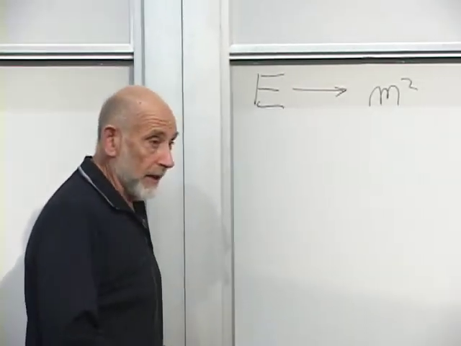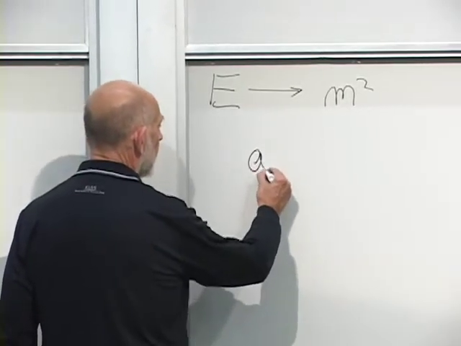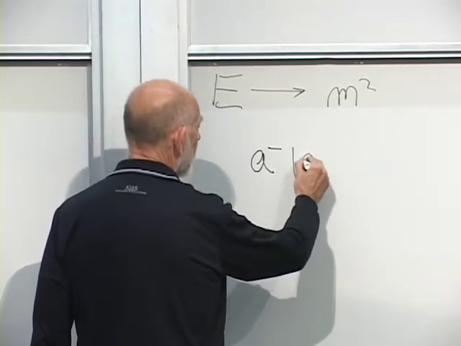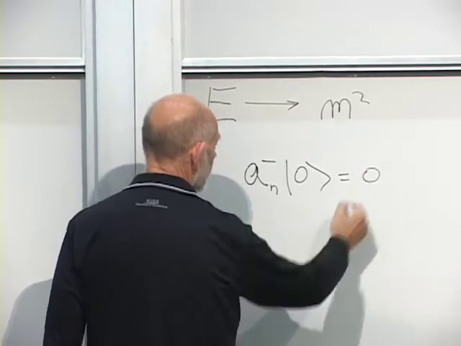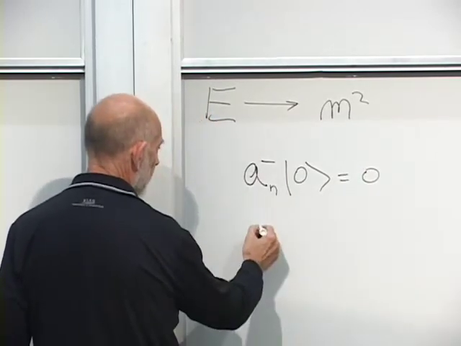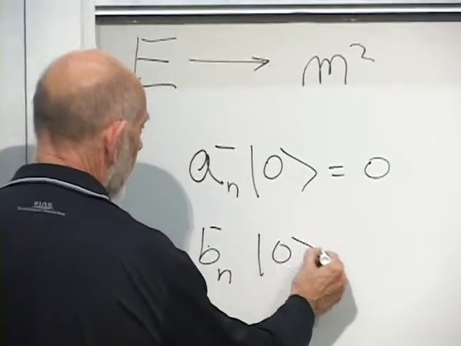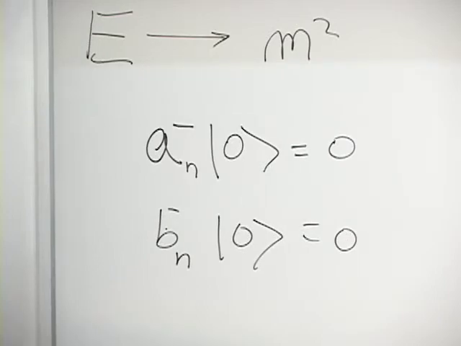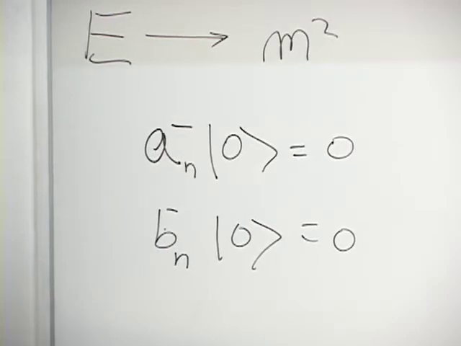The first state, the lowest state, is the state which is annihilated by all the annihilation operators. In other words, it's the ground state. All the B's and all the A's, all the annihilation operators give 0. It's the state in which none of these oscillators are excited.